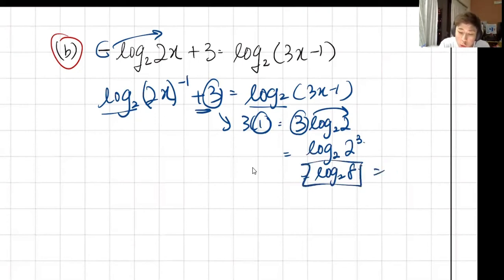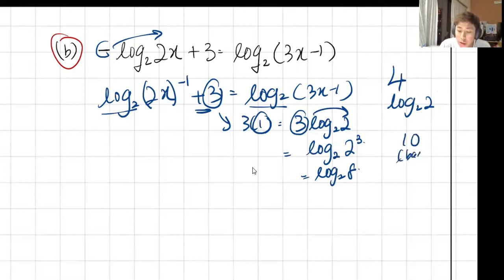As I taught you how to interpret log, you look at this base to the power of what gives you 8, which is also 3. Okay, not hard. So you use the trick when you have a number 4. Just put log base 2 to the power 4. Or if you want to express number 10 in base A, what I do is I just put log base A, because I know when log base A of A appears, it will become 1, so I don't care about it.